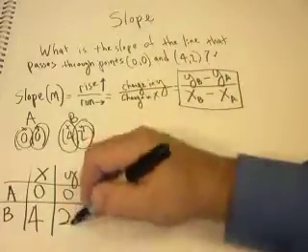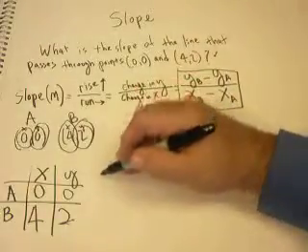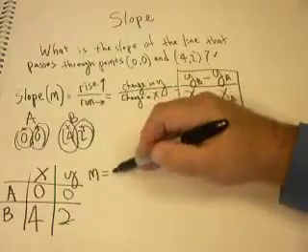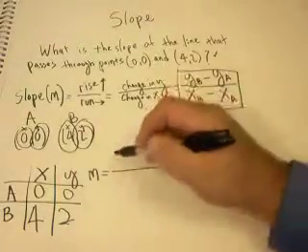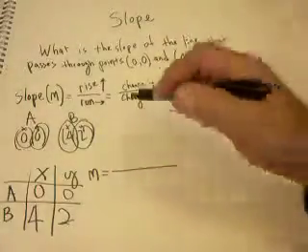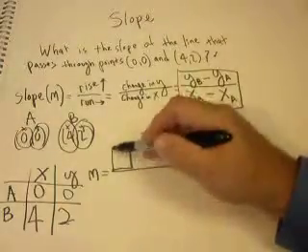So now I've filled in my chart, all my points have been used, and so now I can fill it into my formula. And I know that my slope is equal to the change in y over the change in x. So I'm going to use this formula up here. But what I'm going to do is, instead of using the variables, I'm going to use my boxes. And I'm going to label them.